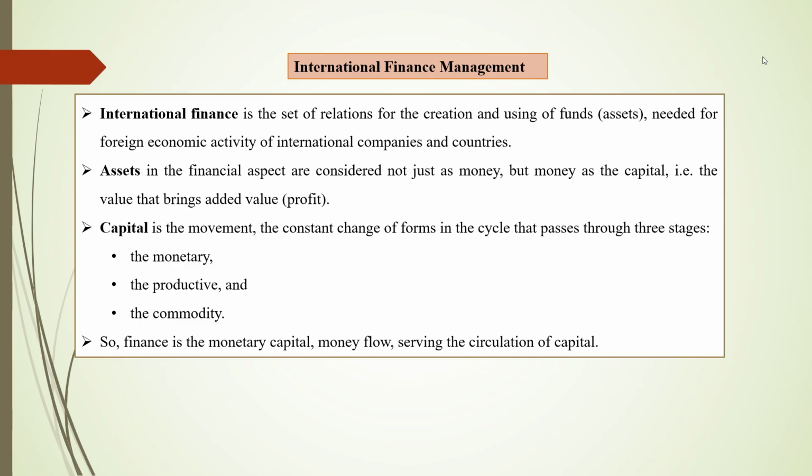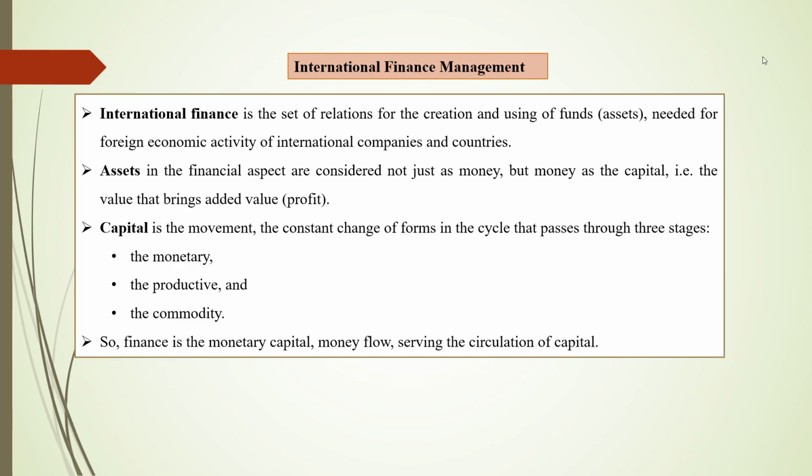International finance refers to the financial relationship that exists between countries as a result of trade, investment, and capital movement. Whenever money flows from one country to another, international finance comes into operation. In international finance, money is treated as capital, meaning money that is invested to earn a profit.